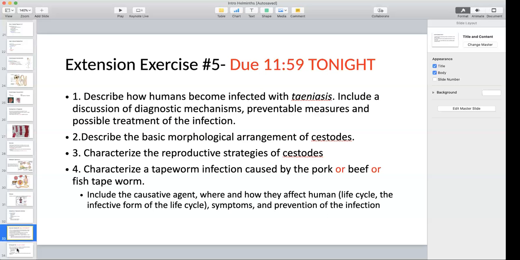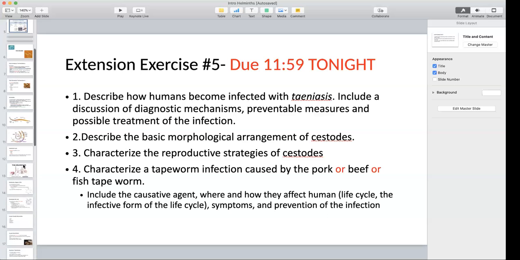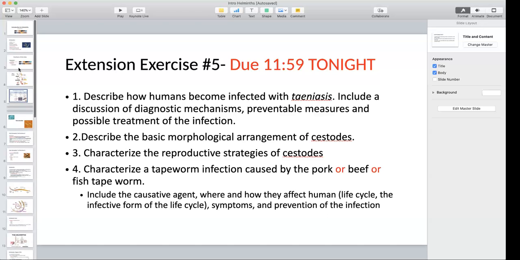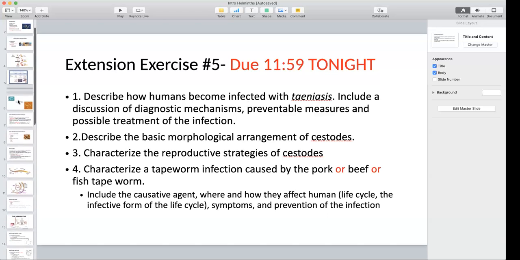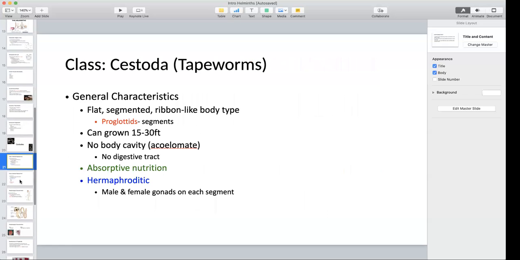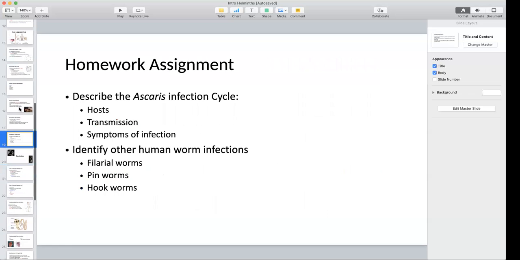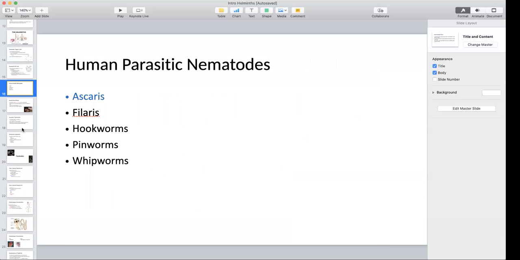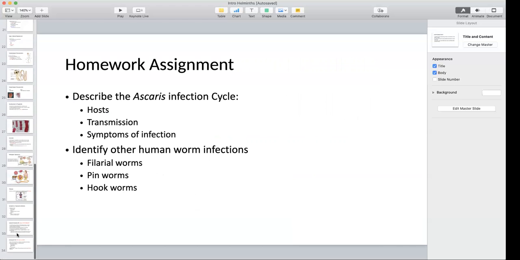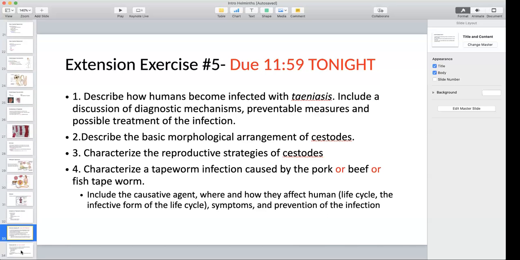Hopefully I don't have any problem uploading it. So you complete these exercises. There's another one in here somewhere for nematodes. There it is. So you have the homework assignment for nematodes, and then you have these follow-up questions about cestodes.